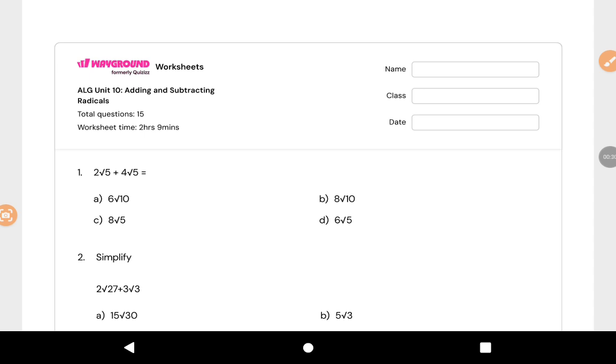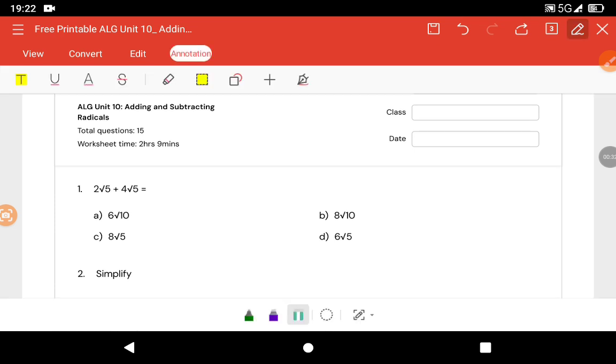For example, you can have something like root 5. Root 5 is a radical. You can also have something like maybe root 3.